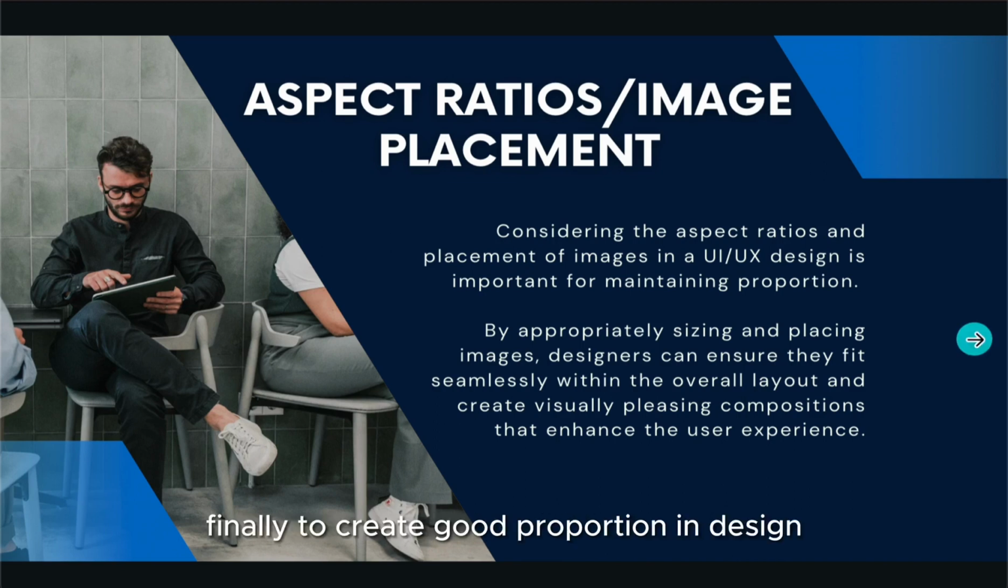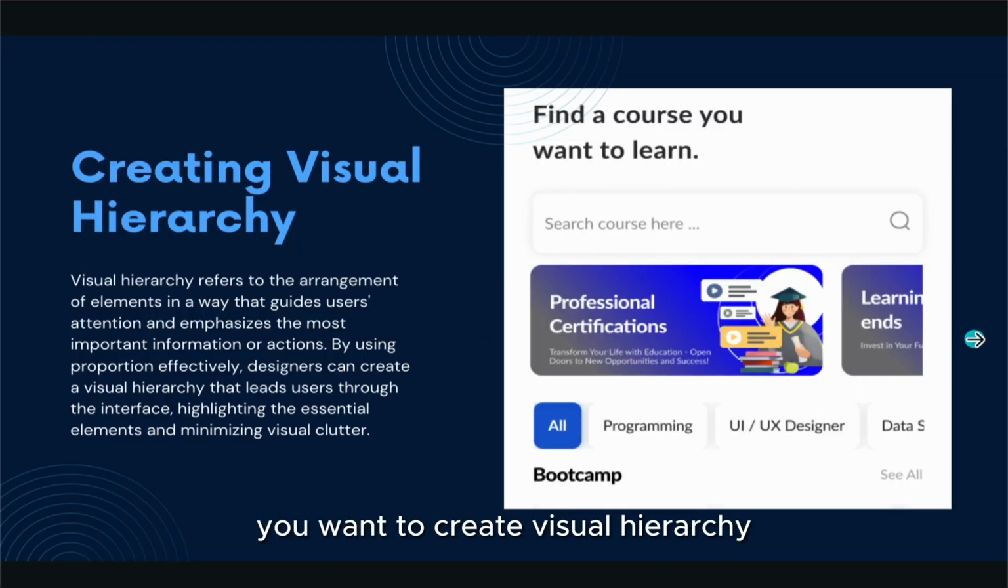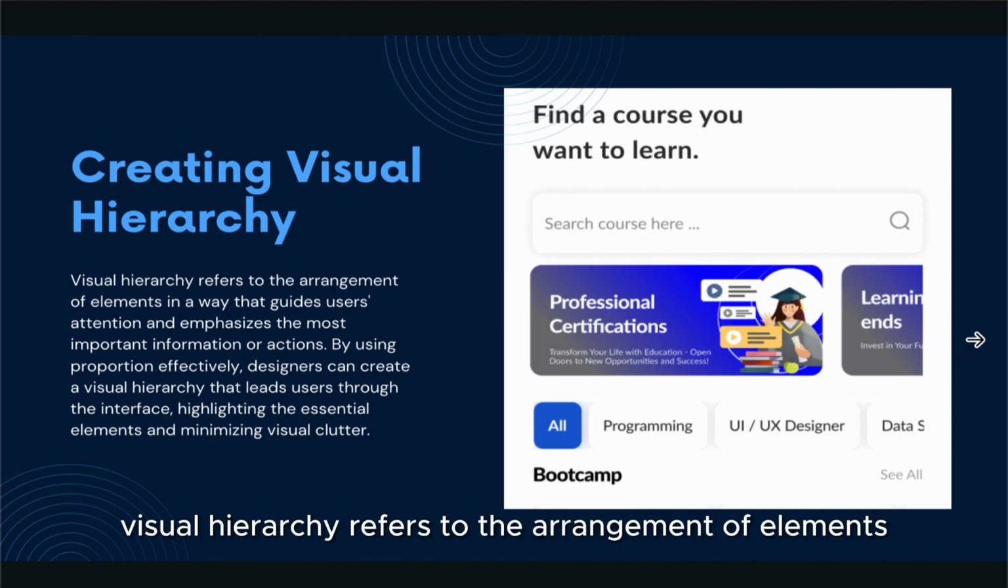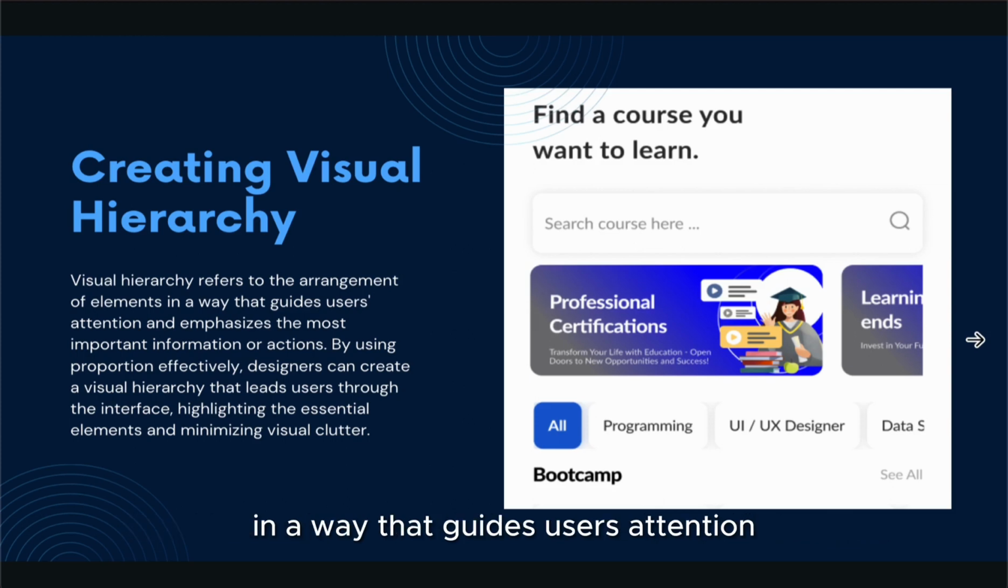Finally, to create good proportion in design, you want to create visual hierarchy. One of the key aspects of proportion in UI UX design is establishing a clear visual hierarchy. Visual hierarchy refers to the arrangement of elements in a way that guides users' attention and emphasizes the most important information or actions.